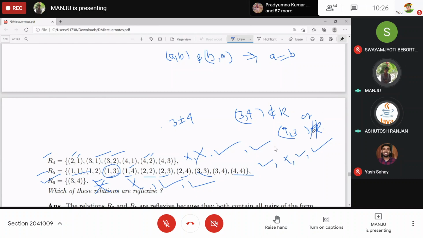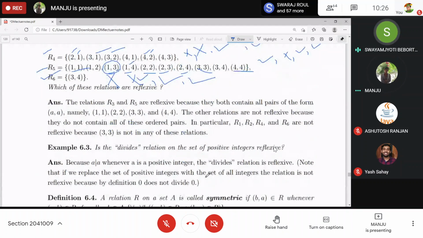Are you getting it? Yes, ma'am. So at least one of these pairs should not be present in the relation. So the last one was not reflexive, not symmetric, but it is transitive and antisymmetric.